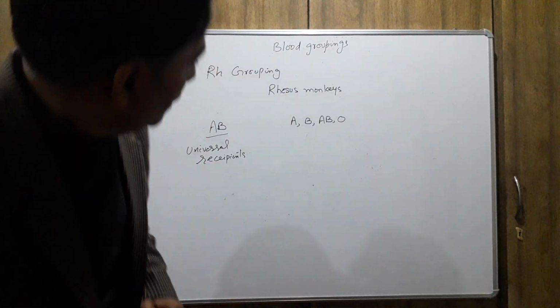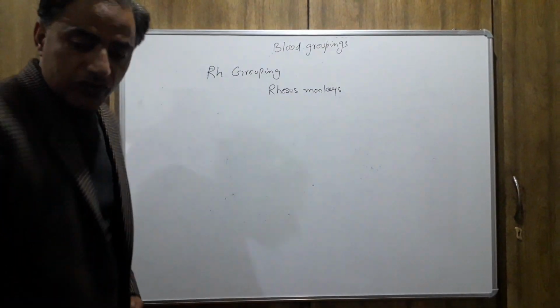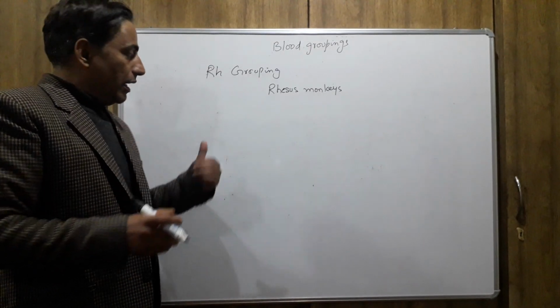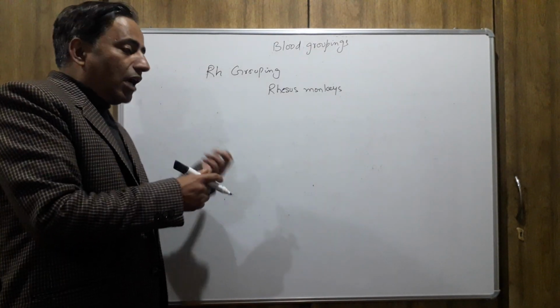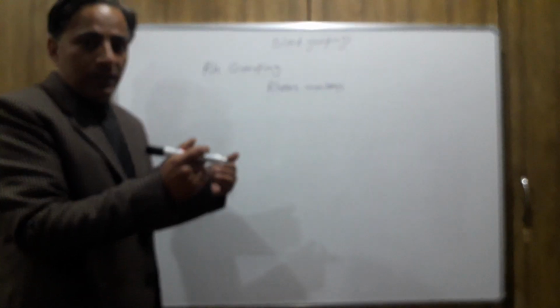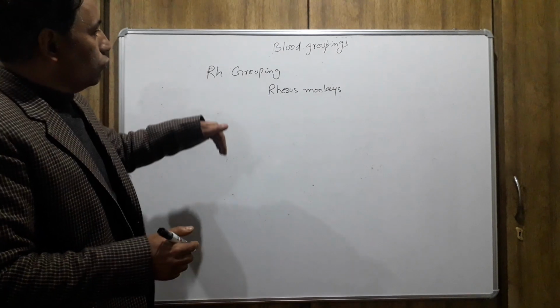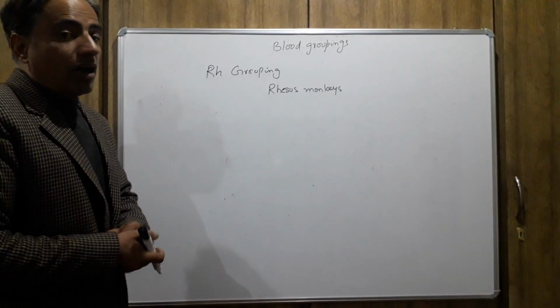But here, in case of RH grouping, which is also very important and special, in case of the blood groups, we have to see whether the two blood groups are matching or not. Here too, we have to see whether the two antigens are matching or not.